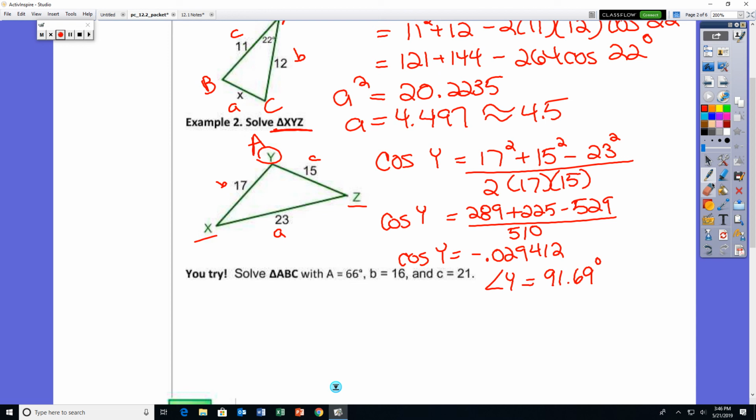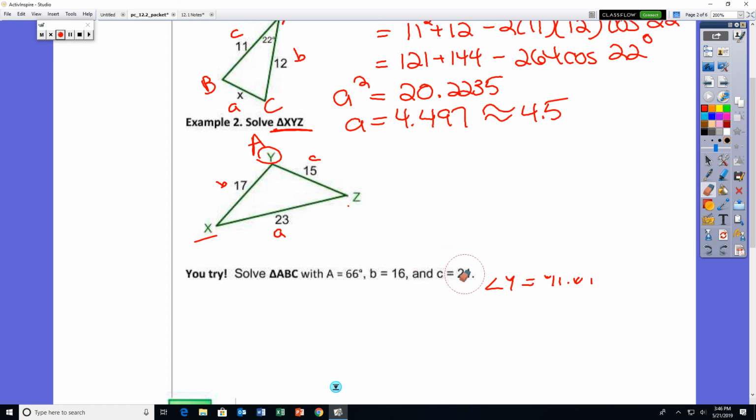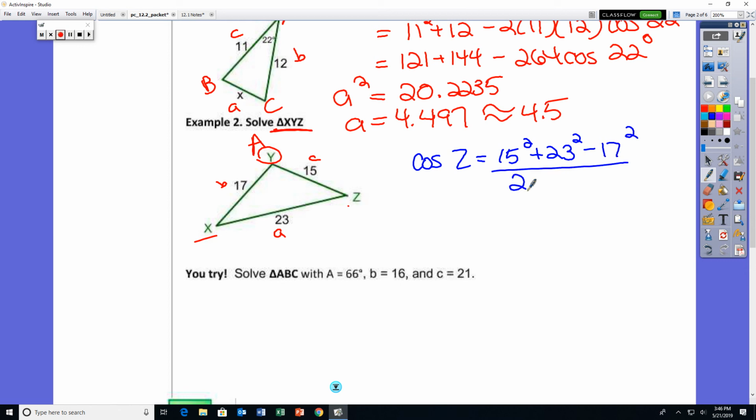So now we know what one of the angles is. I'm going to have to repeat that same process here, and I'm running out of room. So that's our first angle right there. Now I'm going to just erase a little bit of this so I have some room to do the next one. I write too big. So now to find the cosine of z, we would then have to do 15 squared plus 23 squared minus 17 squared all over 2 times 15 times 23.